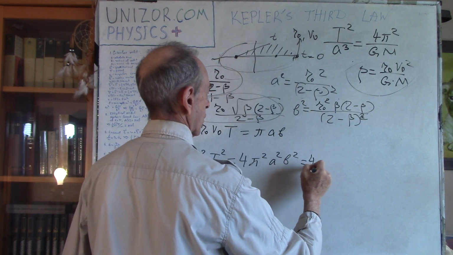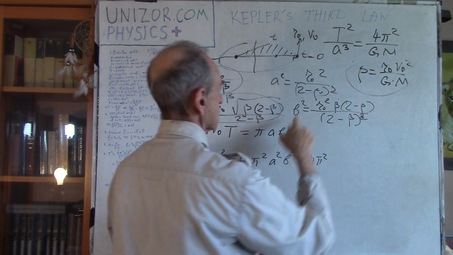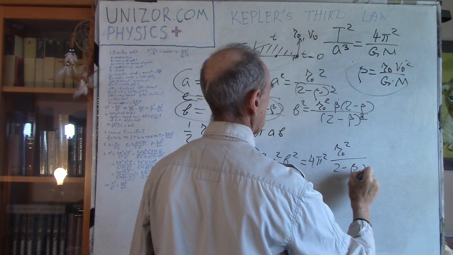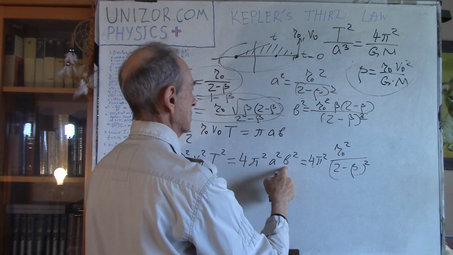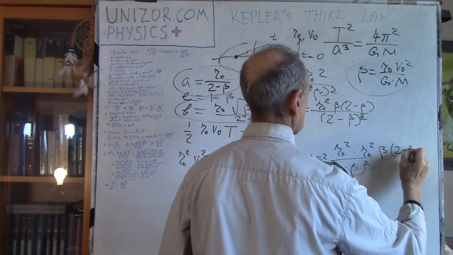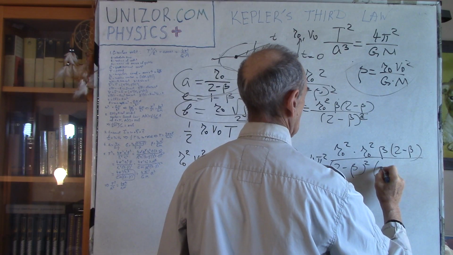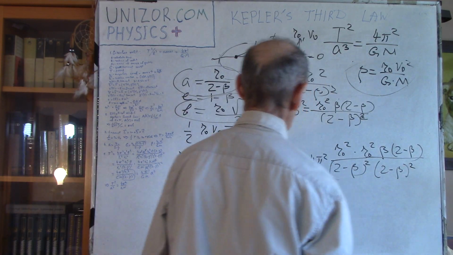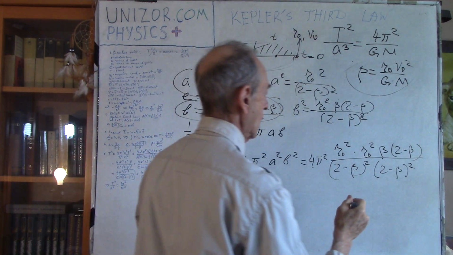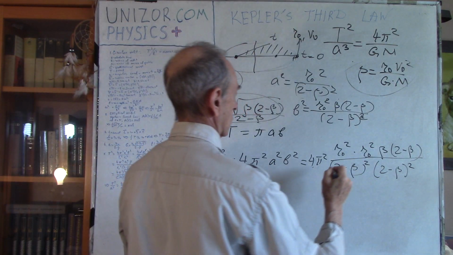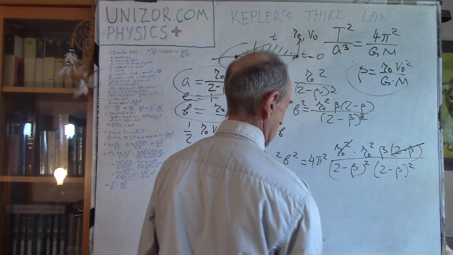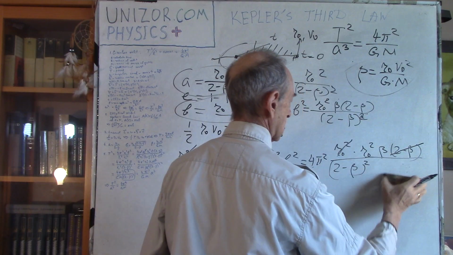So what will I have? 4 pi squared A square, which is R0 square divided by 2 minus beta square. And B square, which is R0 square beta 2 minus beta divided by 2 minus beta square. All right. So R0, and 2 minus beta, I will have 2 minus beta cube.